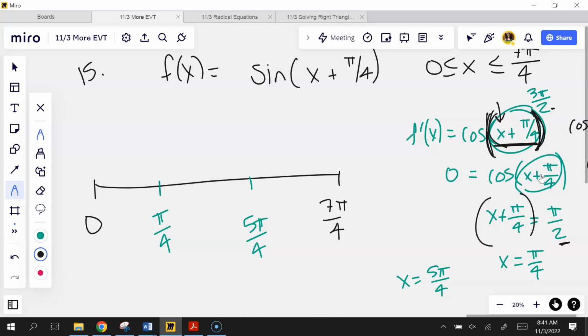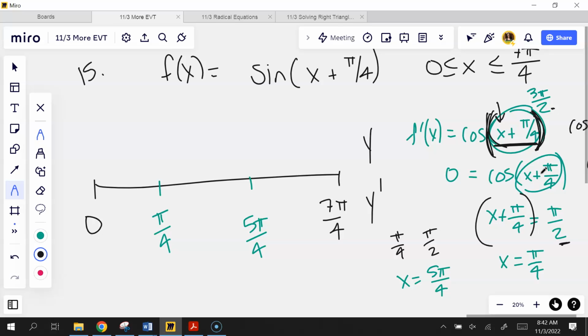I have my derivative. Now I need to test the derivative to see what the function's doing. And I'm going to have to test the endpoints, which stinks. Let's do signs though. Okay, between 0 and pi over 4. What's the sign of cosine? All right, so what I'm really going between, if I plug in here, is pi over 4 and pi over 2.